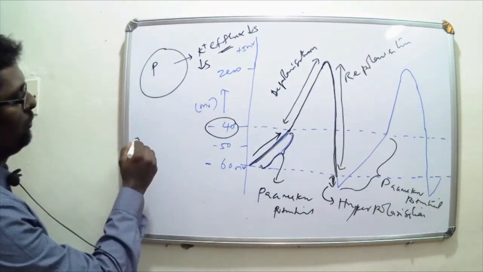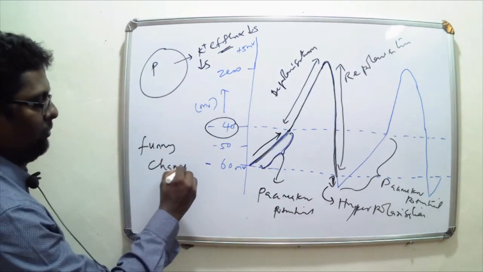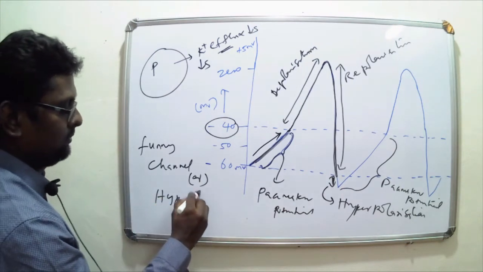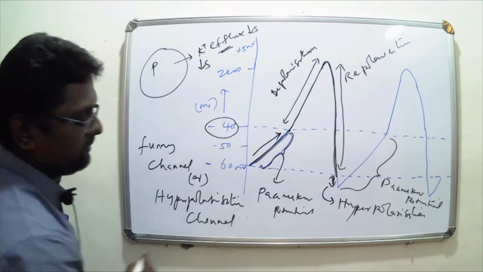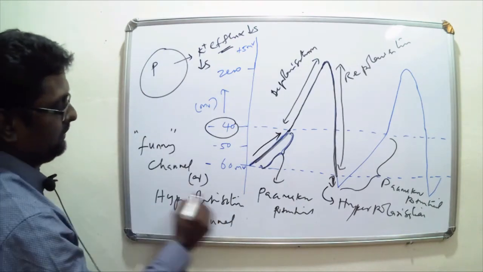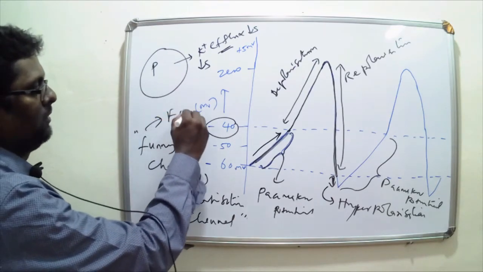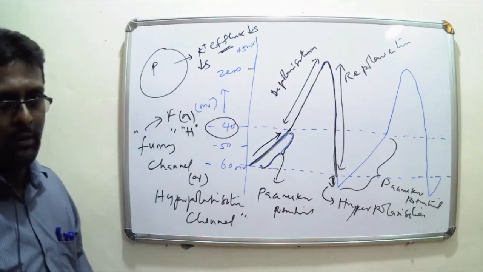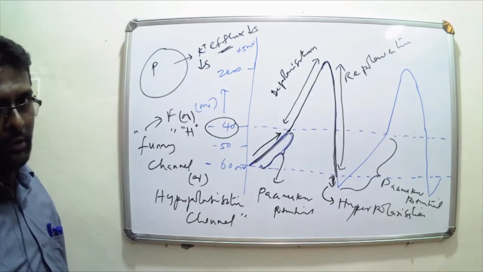A channel called the funny channel or hyperpolarization channel is activated. These are also called F or H channels. This channel gets activated following the end of repolarization.